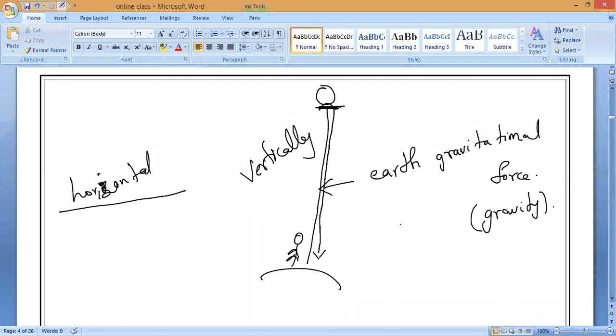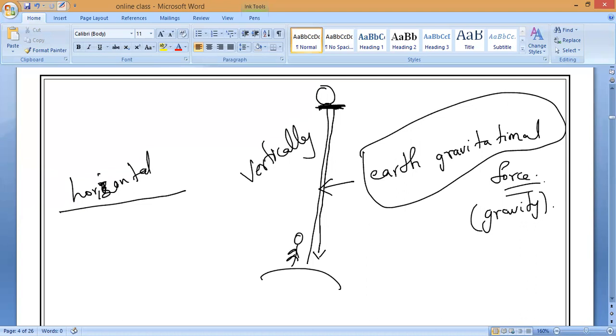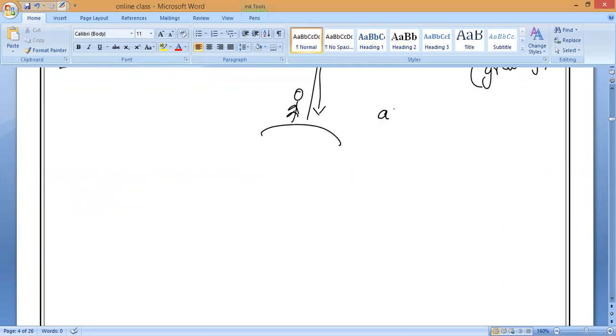So if anybody throws something vertically upwards, after reaching a certain distance, it will fall back towards the earth. Because of whom, Danishkar? Because of Earth's gravitational force. Every object thrown away from the earth will again be accelerated towards the earth.